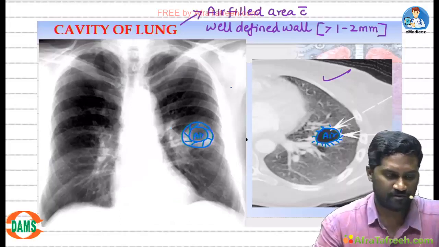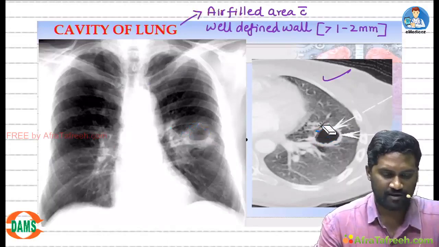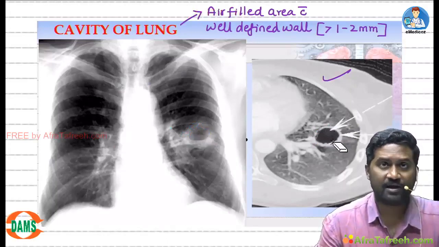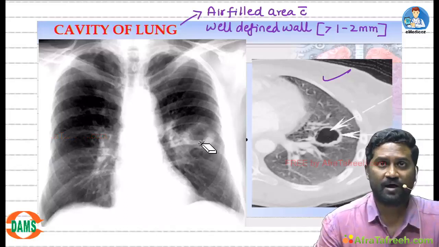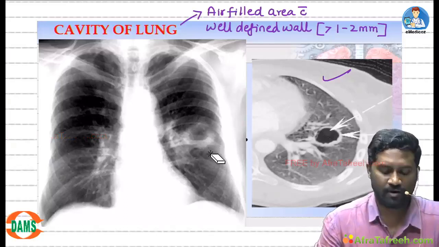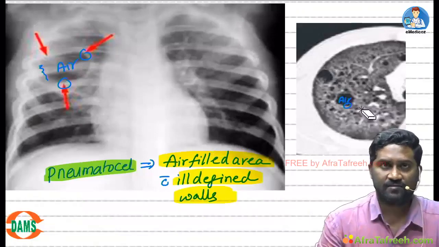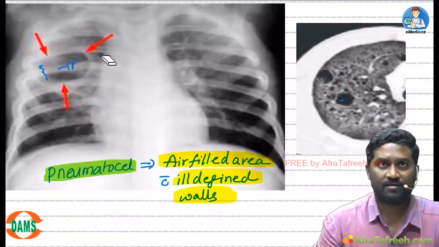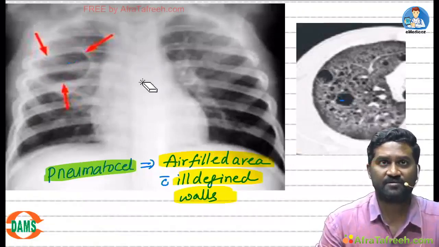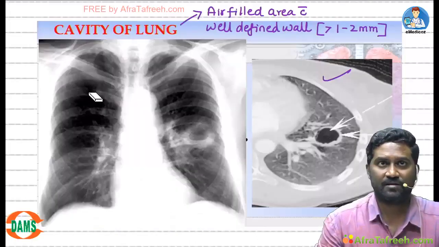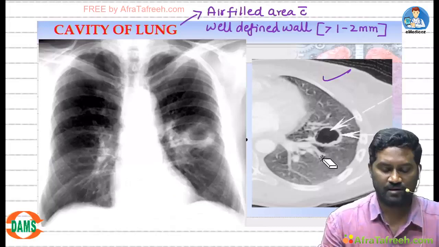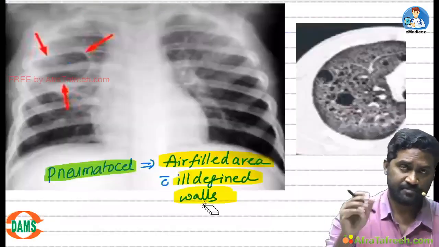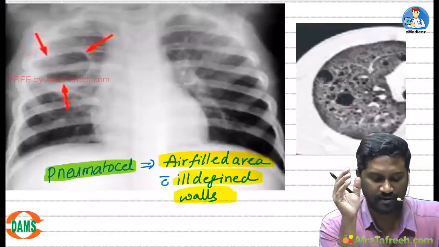Now what do you notice here, students? This air-filled area is having a good wall. So black area, around that whitish area is the wall. Whereas here it is an air-filled area, but you are unable to appreciate the wall. See the wall dimension, not seen properly here, very well seen here. This is the difference between cavity and pneumatocele.